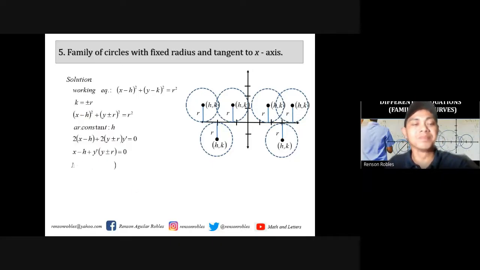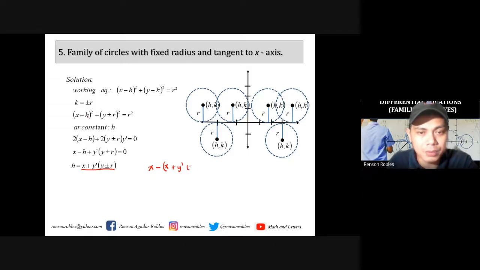Then we now have (x − h)², where h is represented by x + y′(y ± r), squared, plus you just copy this term, (y ± r)² = r². And then to simplify, we distribute this minus 1 to each term inside the parentheses.